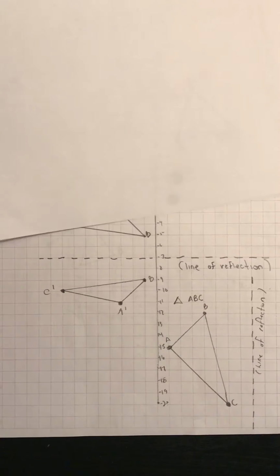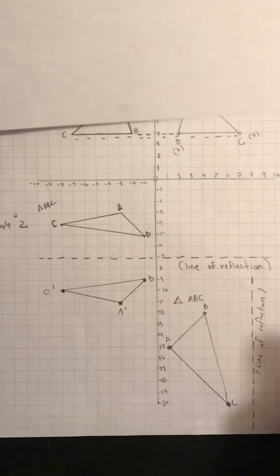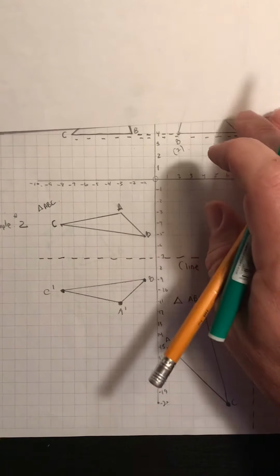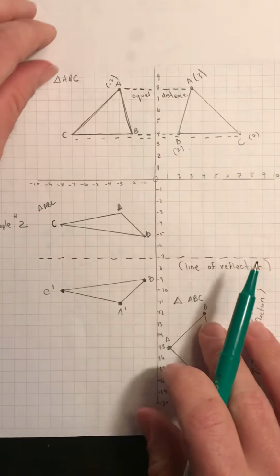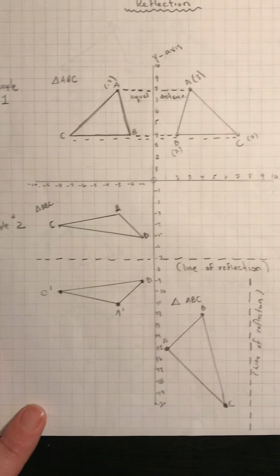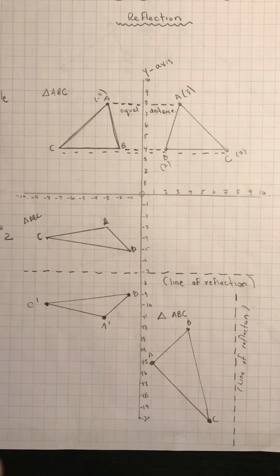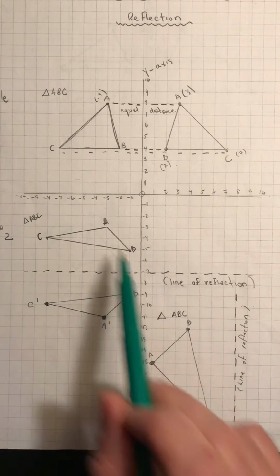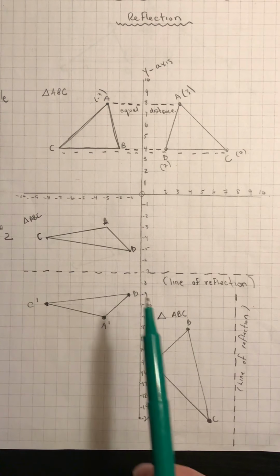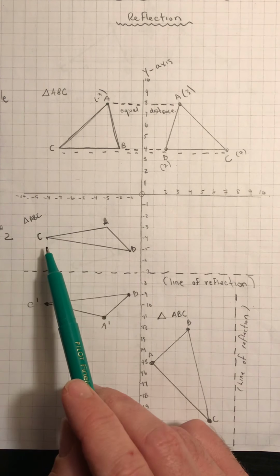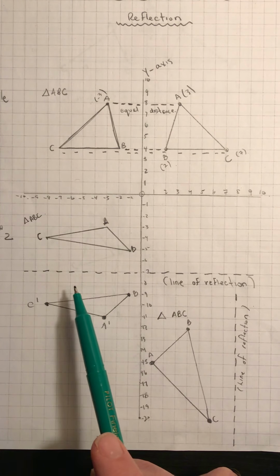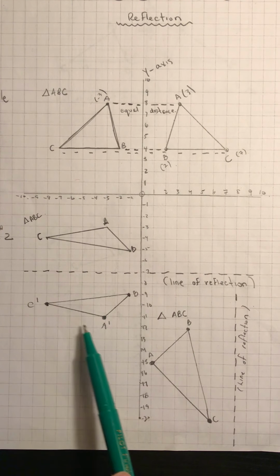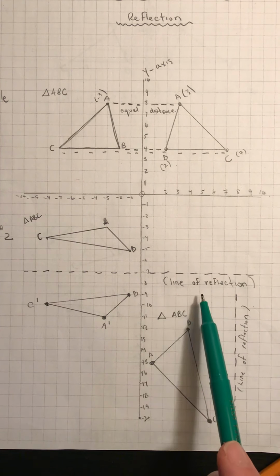Just so this is not confusing, look what's happening here. I will do an example if this is confusing. This is a big Cartesian grid where I've done 2 examples in the same grid. But I just want you to focus in on this quadrant. So I've got A, B, C. I've started it in the lower left quadrant, and I've reflected it further lower in that quadrant because I've put in a line of reflection.